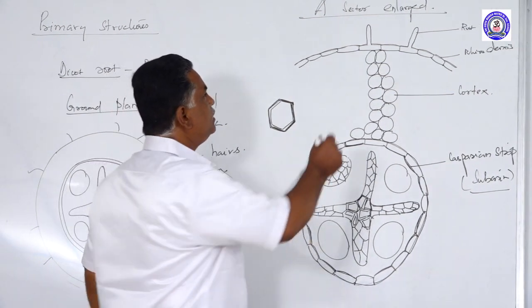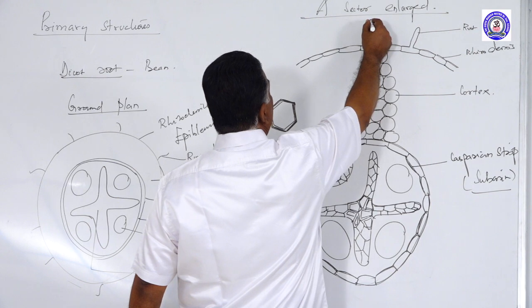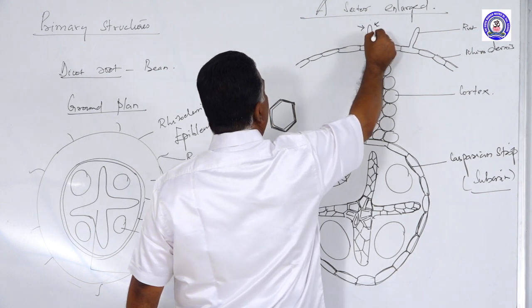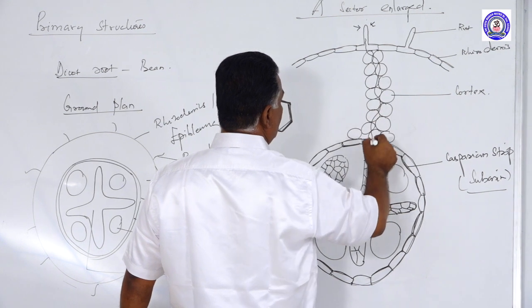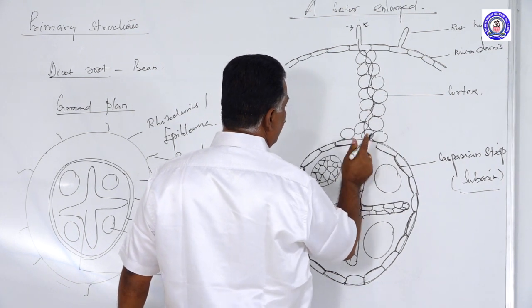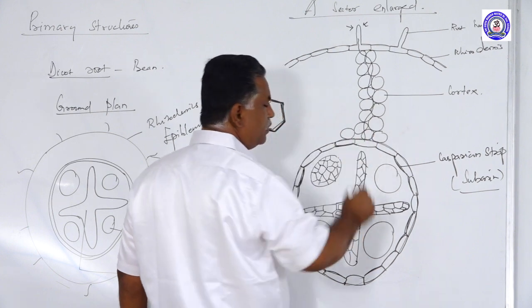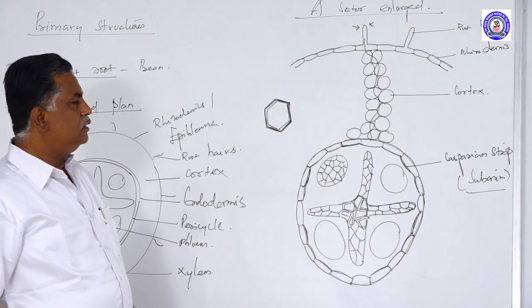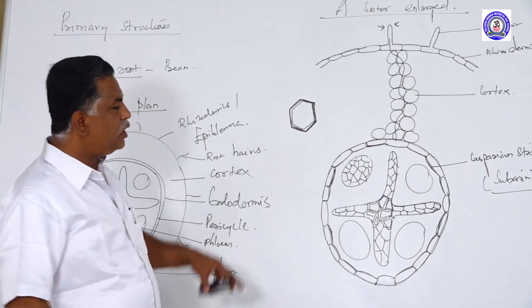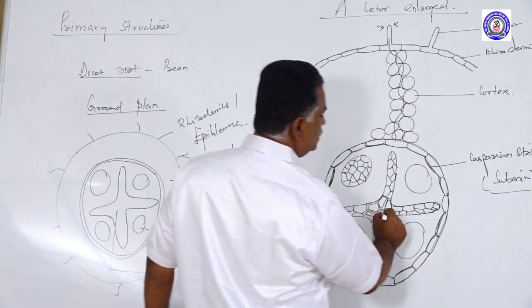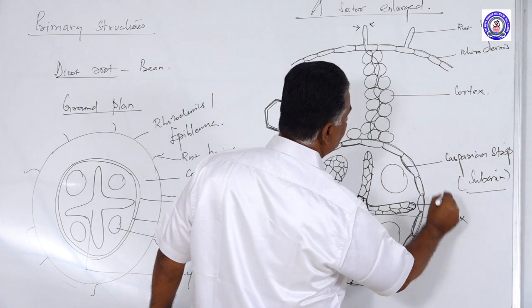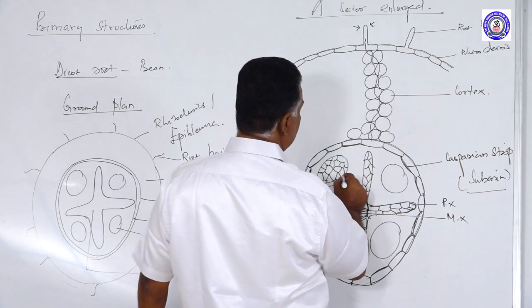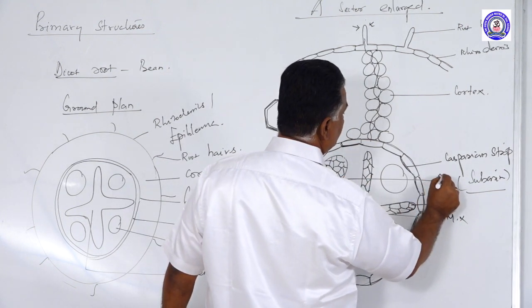See, water absorbed by the root hair moves through the cortical cells and enters the endodermis. See, the endodermal cells opposite to the protoxylem point. You see, this is metaxylem and this is protoxylem, and this is phloem, primary phloem.